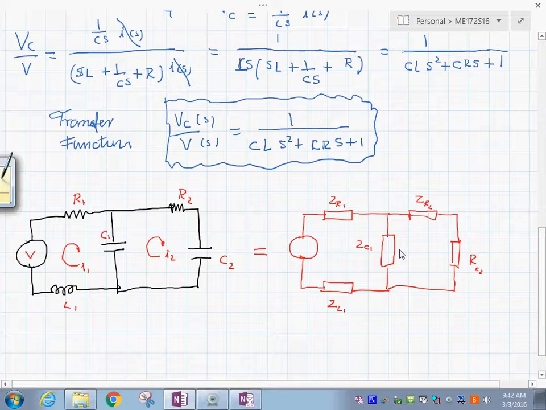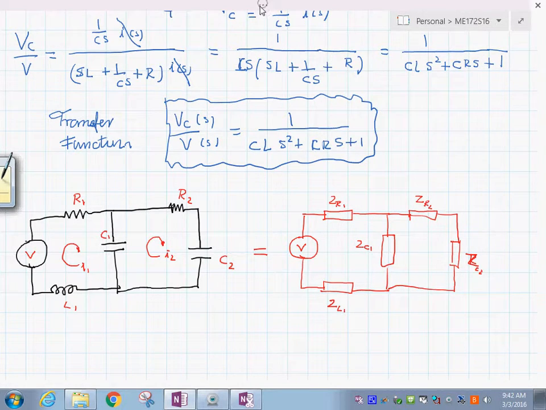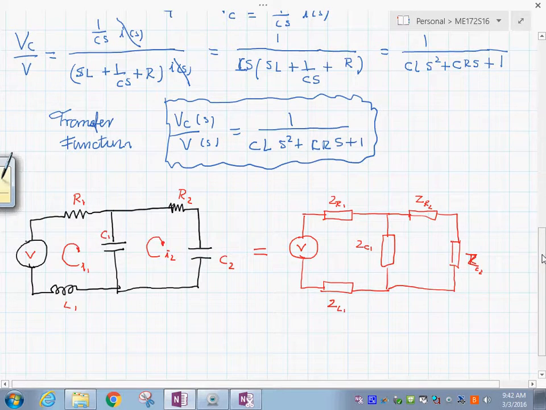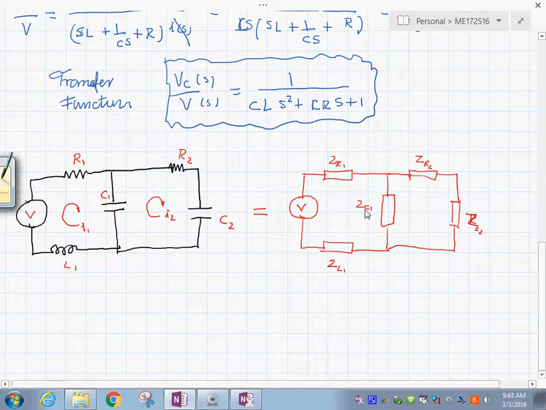You could just say that V is equal to Z of R1 times I1 of S, plus Z of C1 times I1 of S minus I sub 2, plus Z of L1 times I1 of S, and on the other one minus Z of L1 times I1 of S minus I sub 2 of S, plus Z of R sub 2 times I sub 2 of S, and then plus Z of C sub 2 times I sub 2 of S.